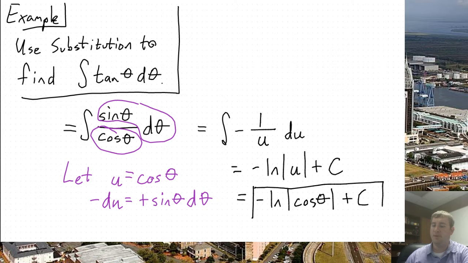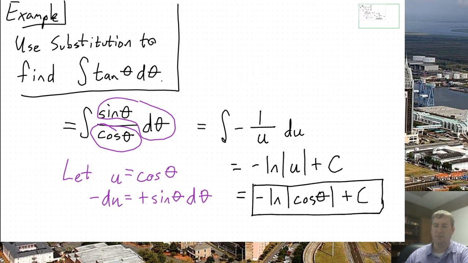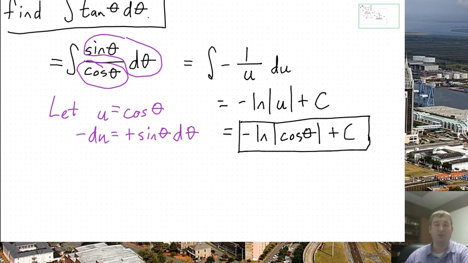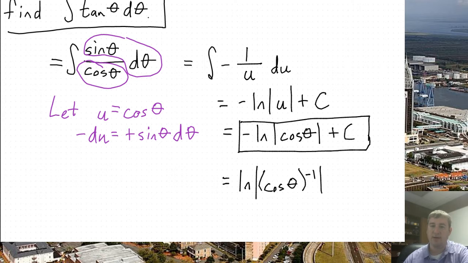If you open up a textbook, though, that may not be the answer that you see. You might see that it actually says the natural log of secant of theta, without the negative. And you might be wondering, where the heck does that come from? We can actually do a little bit better than this. We can rewrite this as the natural log absolute value, and that negative on the outside, remember, can come inside of a natural log as a power. We're using negative 1 as a power here, not as the inverse function. So this is not the inverse function of cosine.